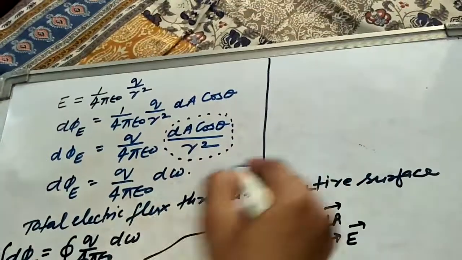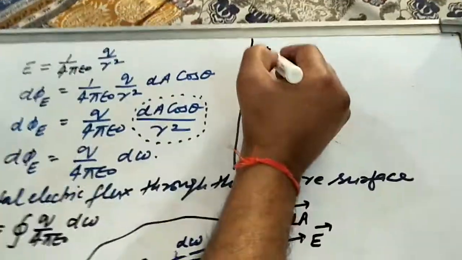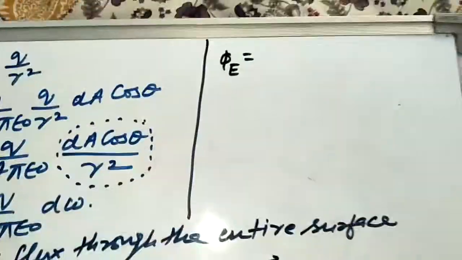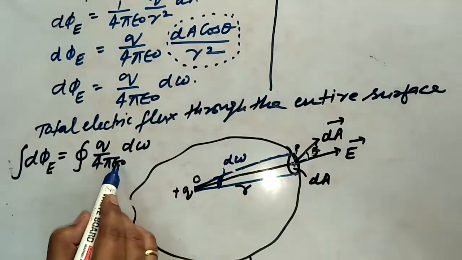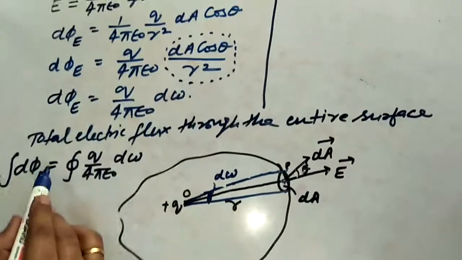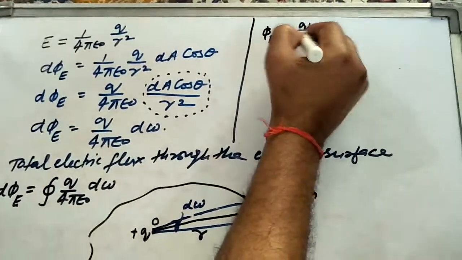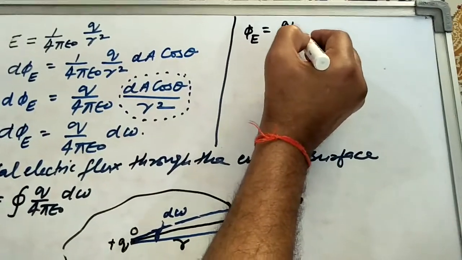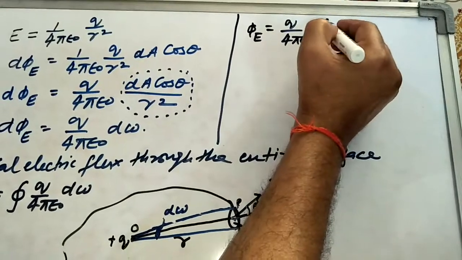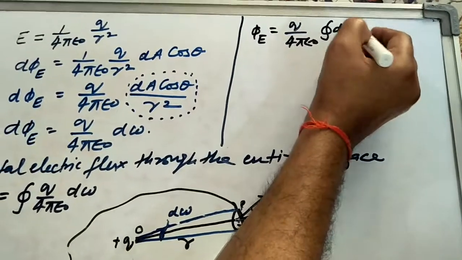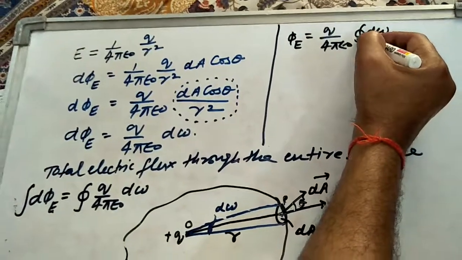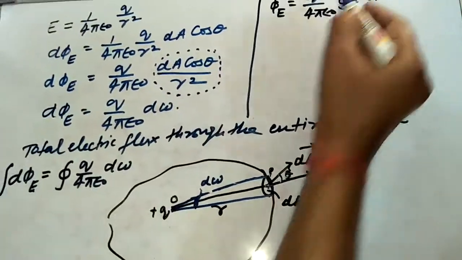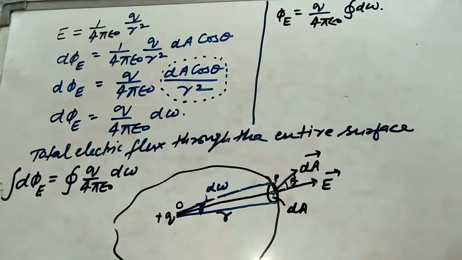And the last step is the integration of dφE, you can write here φE. And this φE is equal to, take q upon 4πε₀, which is a constant term, out, and here you will get ∫dω. And dear student, you know this ∫dω will give the total solid angle subtended by this closed surface.